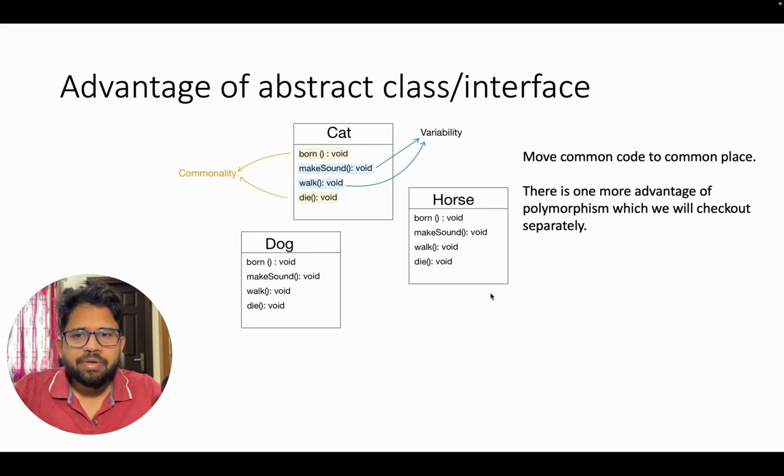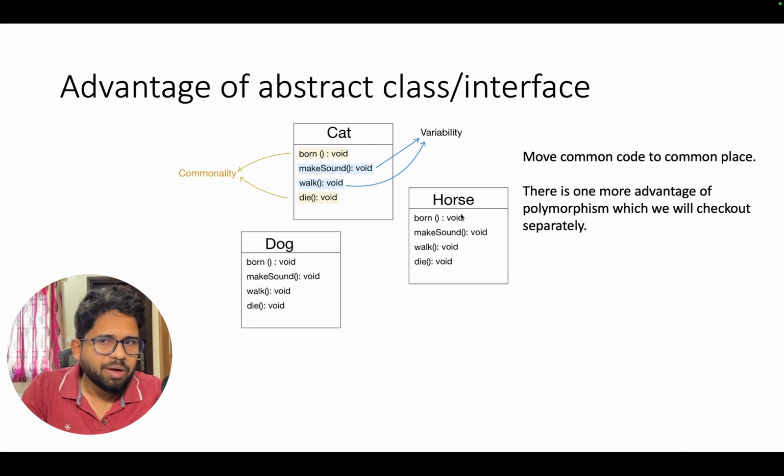Now let's say we have multiple classes. We had a problem statement where we had to create multiple classes. Say those classes were cat, dog, and horse. For example, for this one, we are just talking about what these animals do. So dog would be born, then it would die.